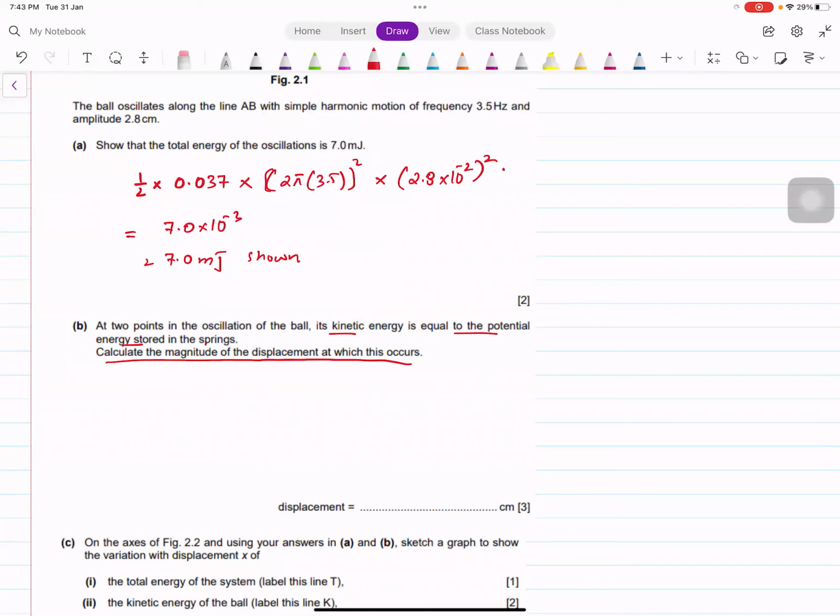Now, this is an important question, right? So let me just draw a graph and tell you why this is important. So we can draw kinetic energy like this. We can draw potential energy like this. Everybody agrees? He's saying at some displacement, which is this displacement, both kinetic energy and potential energy are equal.